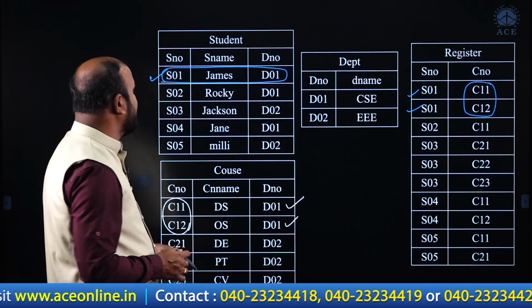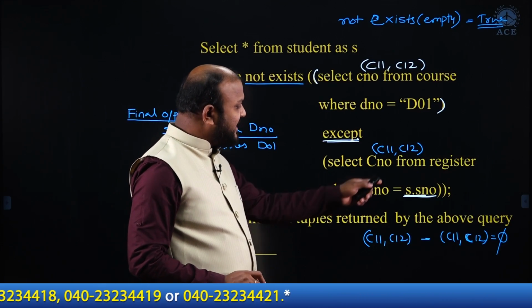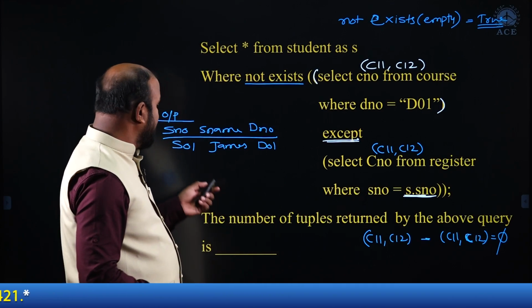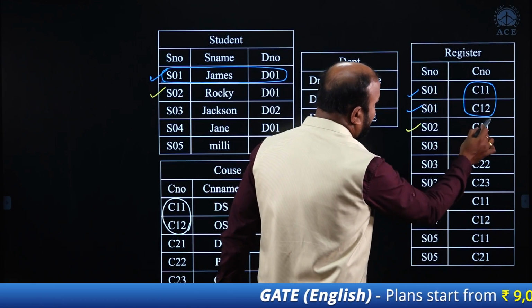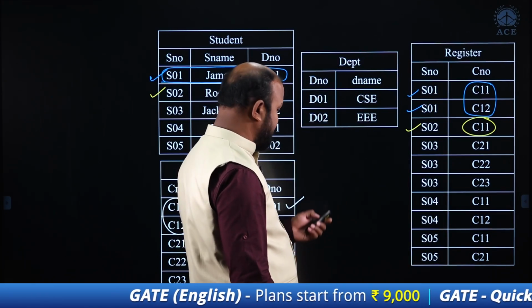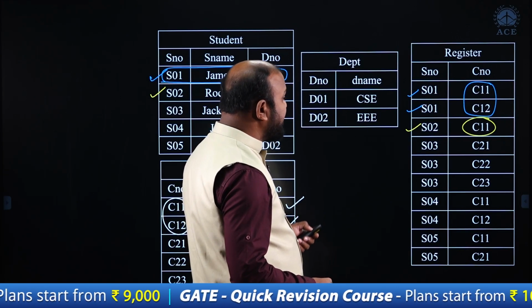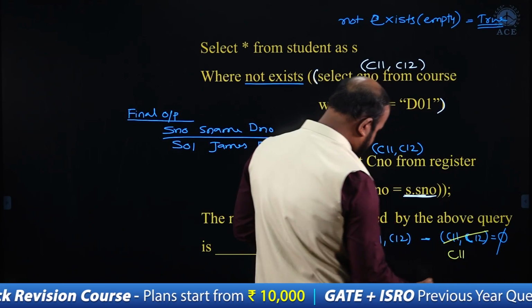For the second row, look at S02. What the second inner query requires is to find the course numbers registered by S02. Look, S02 enrolled in the C11 course. So, S02 enrolled in C11 course means what is the output of the second inner query? C11, correct?